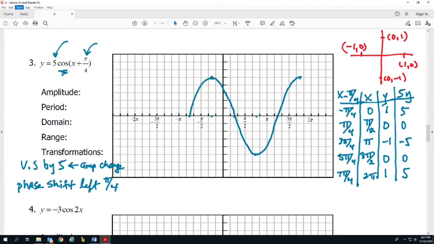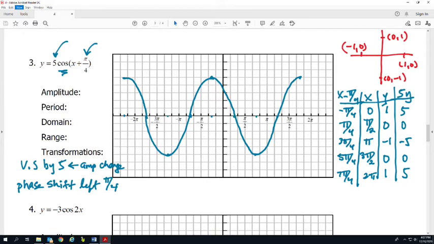And then you'll have another one about right here, so that should be where it's down at negative 5. You usually want to do about 2 periods, and so that should help you kind of see how far you want to graph each of these.